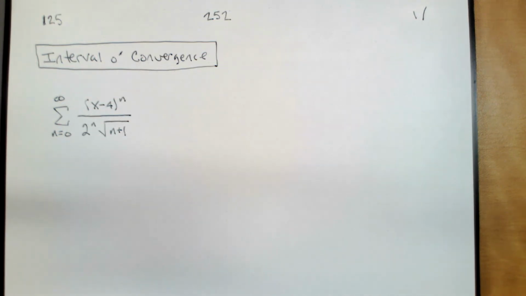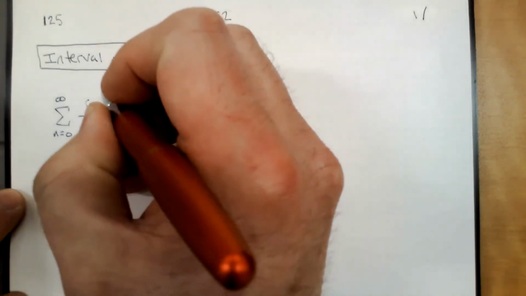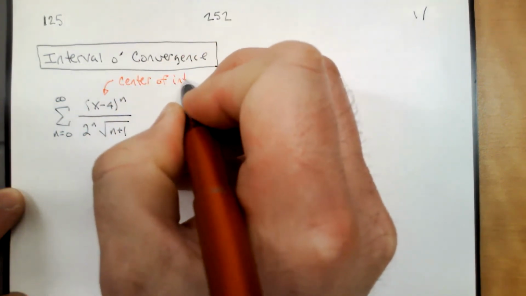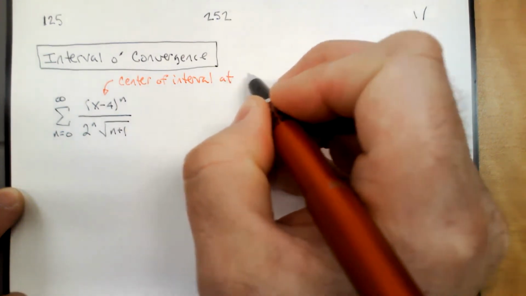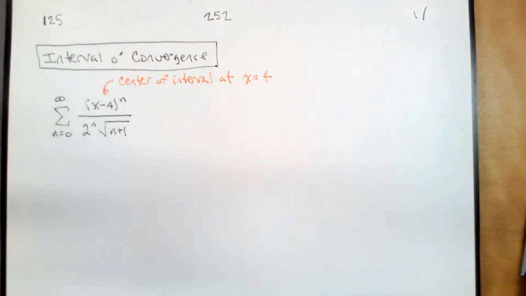So yesterday we had this example, and the x minus 4 to the n, that tells us where the center of the series is. So the center of the interval of convergence, it's important to identify the center of the interval of convergence. The power series always converges there.